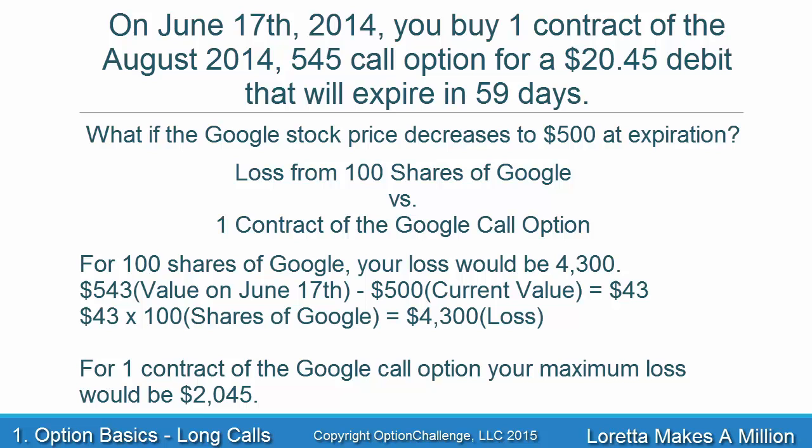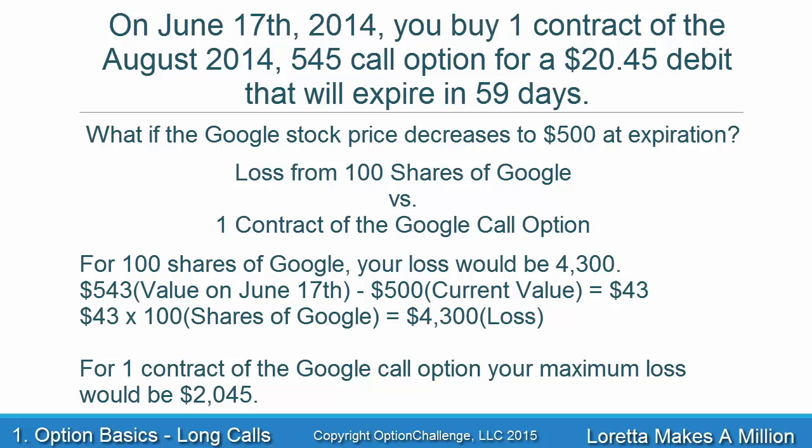You subtract the $500 current market value of Google from the $543 market value of Google on June 17th, which would equal $43. $43 times 100 shares would equal a loss of $4,300. For one contract of the Google call option, your maximum loss would be $2,045. You would have lost over 2 times more money if you had bought 100 shares of Google.